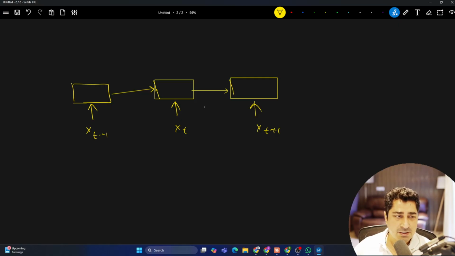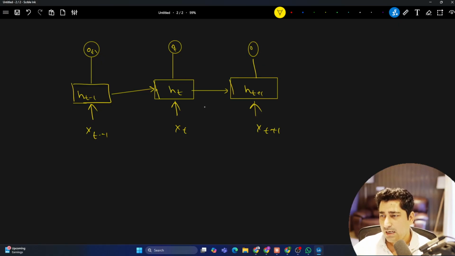This is the hidden state at t minus 1, the hidden state at t, and the hidden state at t plus 1. And then you get an output: output at t minus 1, output at t, and output at t plus 1, obviously with the weights, here and here.